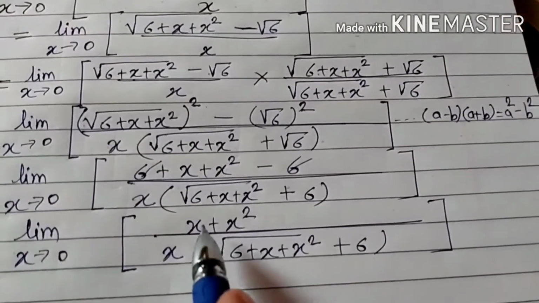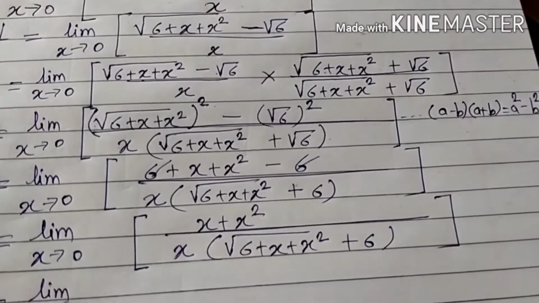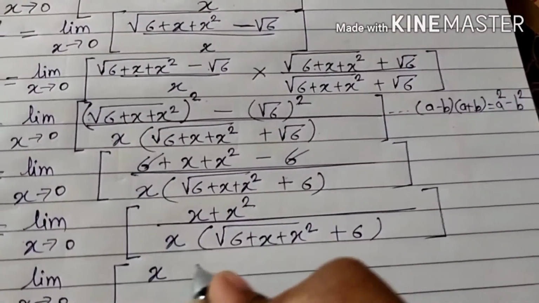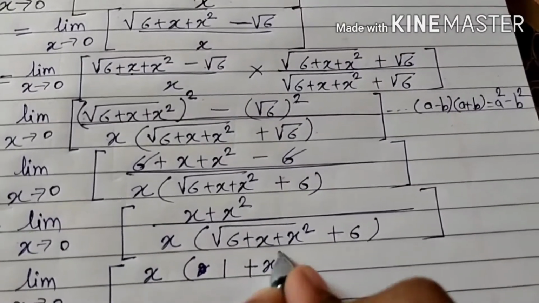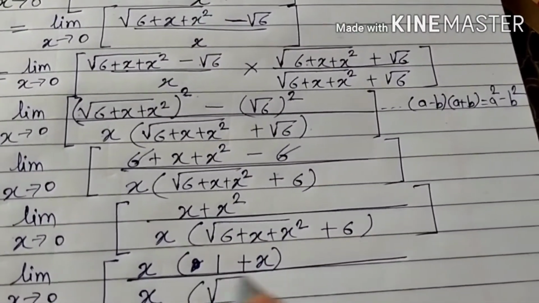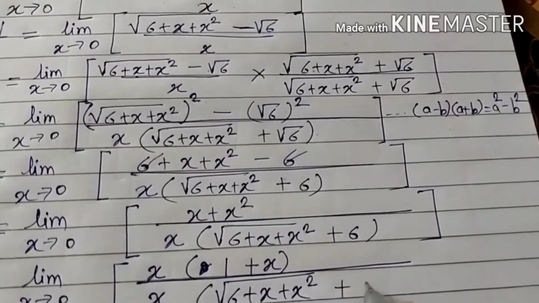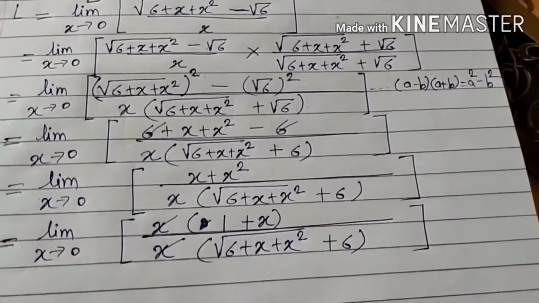Now in the numerator, take x common. So limit x tends to 0. When we take x common, the remaining terms are 1 plus x, divided by x into root of 6 plus x square plus root of 6. Okay. Now this x and this x will get cancelled.